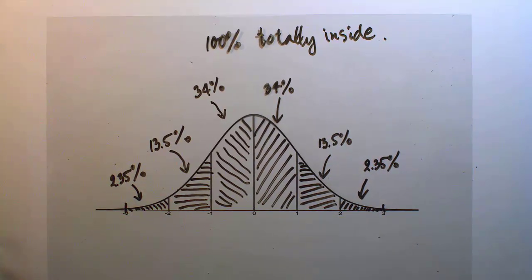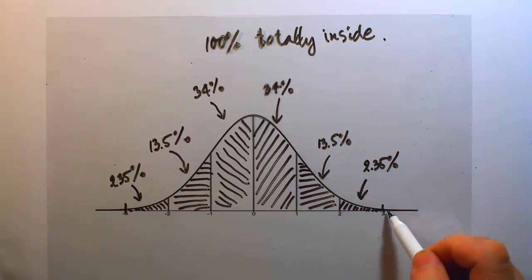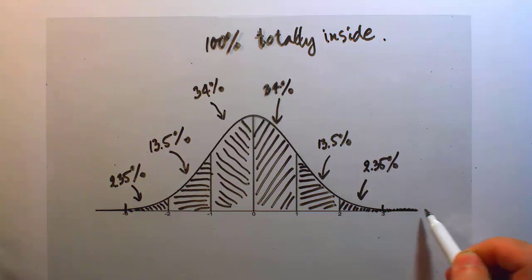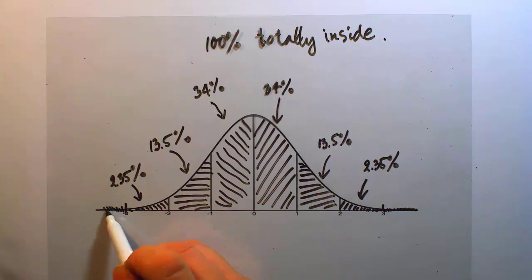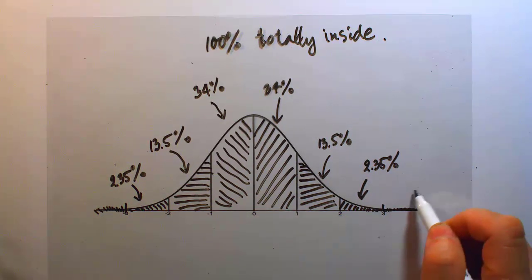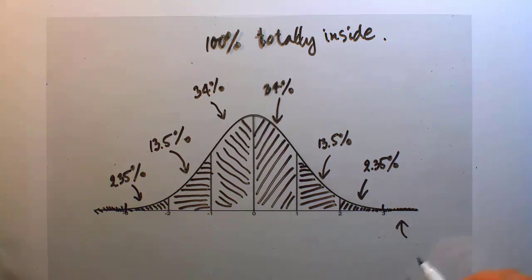And each of these little guys completely outside of the 3 standard deviations interval, we already calculated that each is 0.15%, and here's another 0.15%.